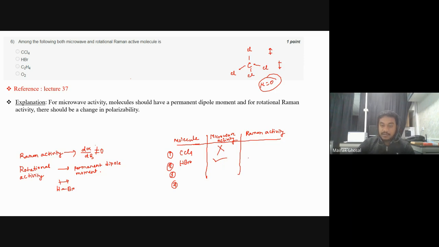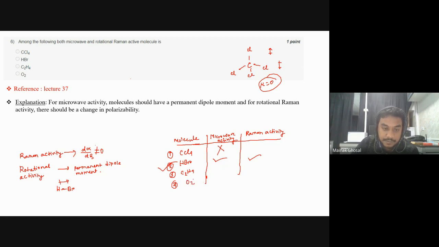Yes, it is also Raman active. Since it is a diatomic molecule, its polarizability will change if you change the position of the atoms. So it will also show Raman activity. So this is the molecule you are searching for, which has both activities. Now you need to see if other molecules are also in this category or not.